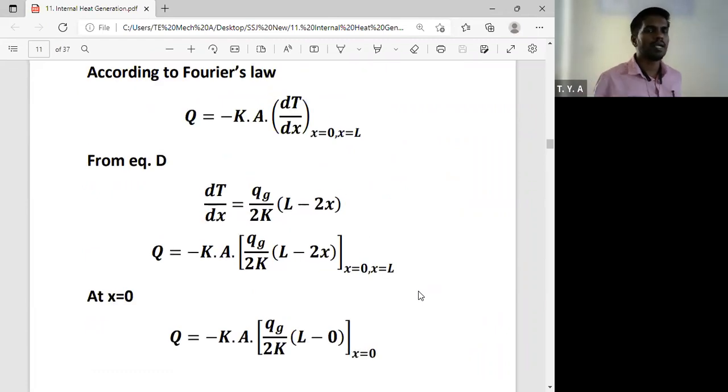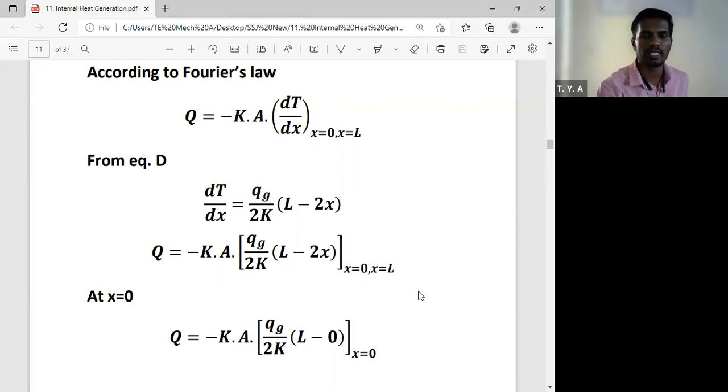Okay, so from equation D, dT by dx is equal to qg by 2k into bracket L minus 2x. And what is the equation of the Q, minus k into A? So in this equation we have to put that value of dT by dx, qg by 2k into bracket L minus 2x.